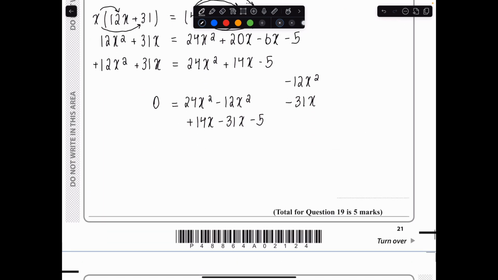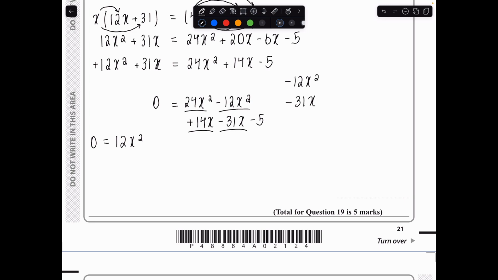But now, let's try and simplify this. So we have positive 24 lots of something, and we have negative 12x squared lots of something. So in this case, if we have 24 lots of something, take away 12 lots of something, we're left with 12x squared, aren't we? From here, we have positive 14 lots of x, and we're taking away 31 lots of x.